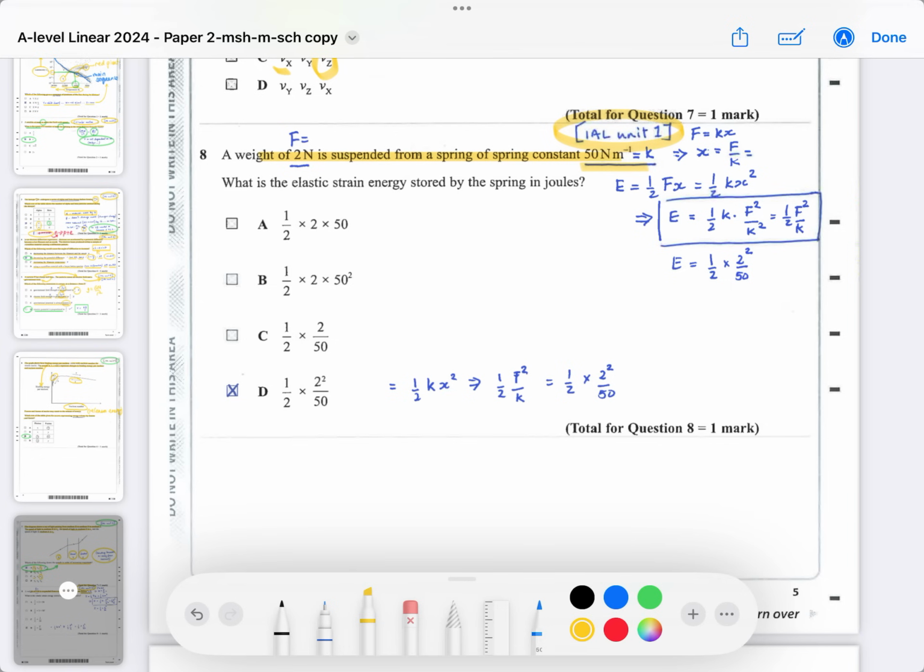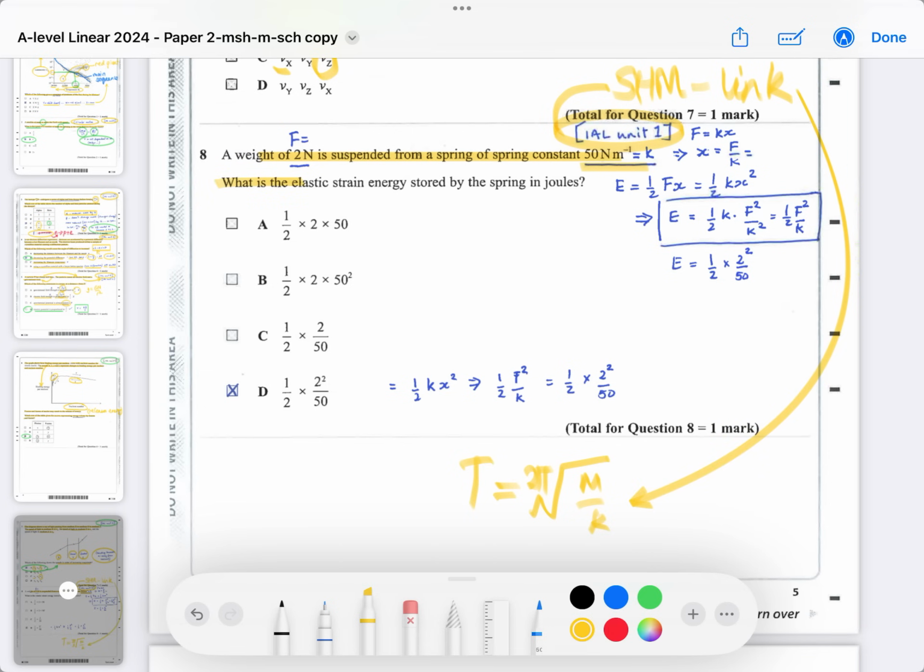So there's a link with SHM, because sometimes you've got to work out the spring constant to put it into the oscillations equation, T equals 2 pi square root of m over k. That's the simple harmonic motion link. But I don't think you're going to need this in this question.